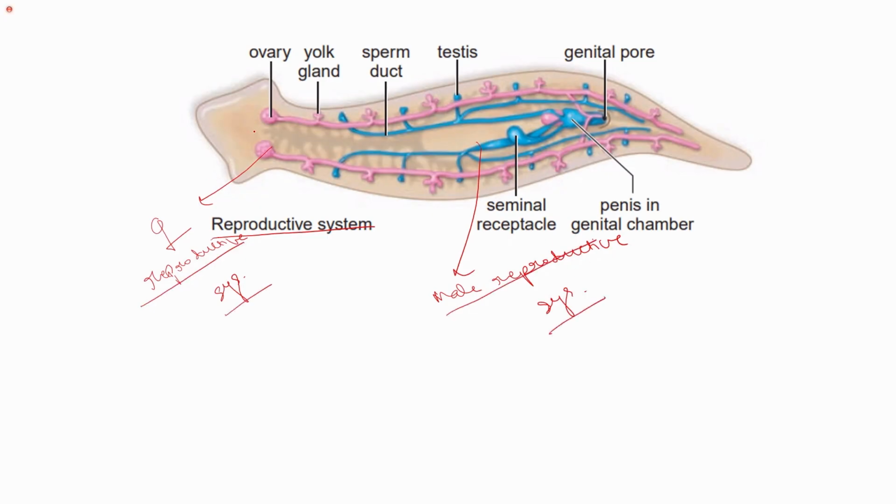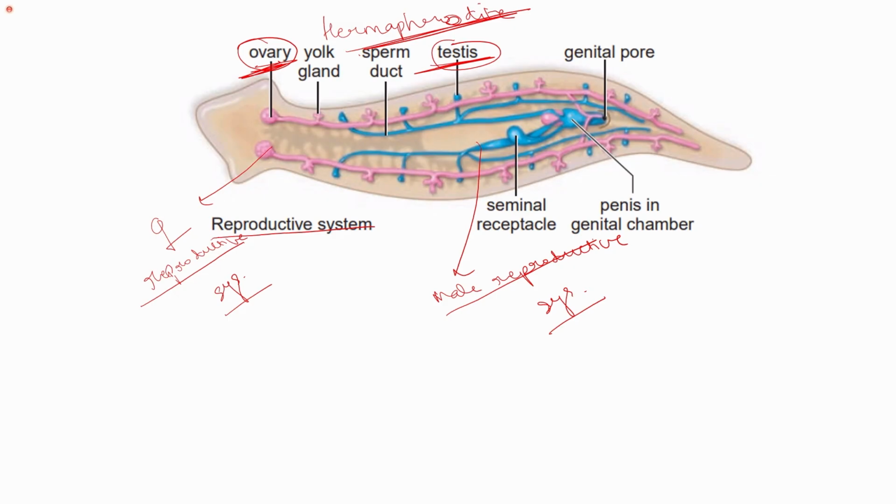You can see that both male and female reproductive systems are present in the same organism. They have ovary as well as testes in the same organism. Therefore, they are hermaphrodites, that is, they have both male and female reproductive organs in the same organism.